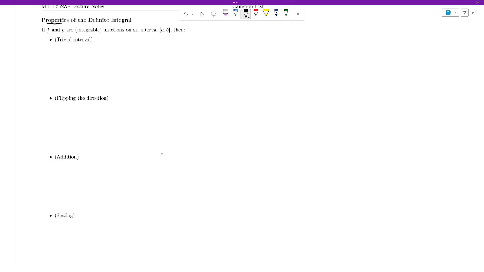So the first one I'm calling the trivial interval. In math, trivial means kind of a silly edge case. What would happen if I did the integral from 2 to 2 of my function? Guess what you think that should be. Well, here's my function, y equals x squared.